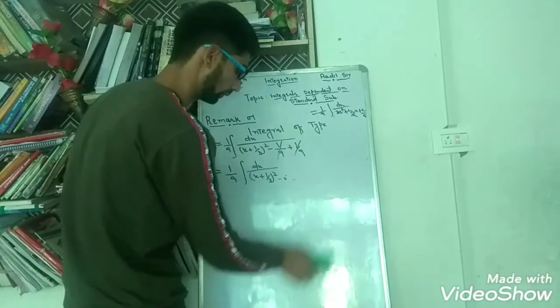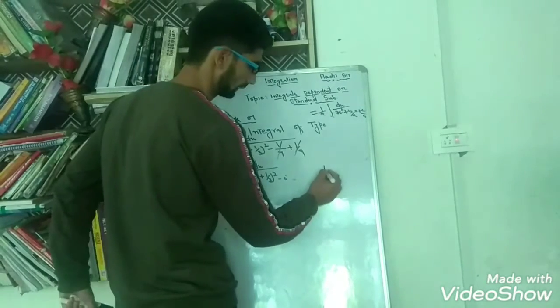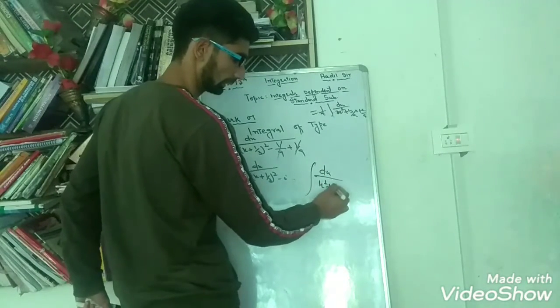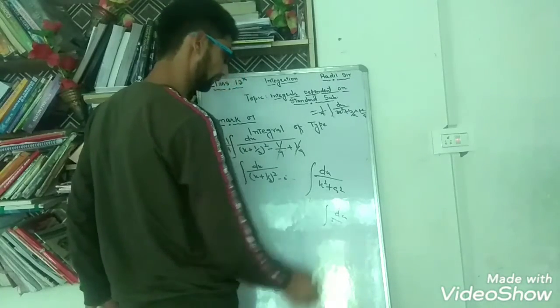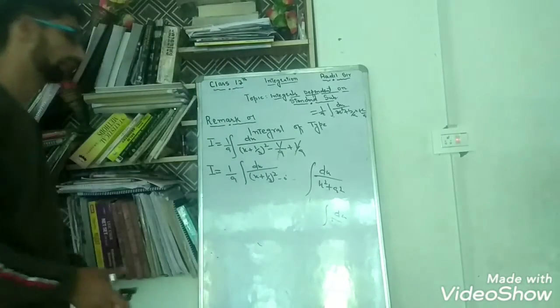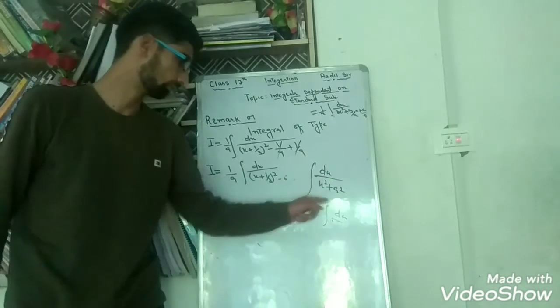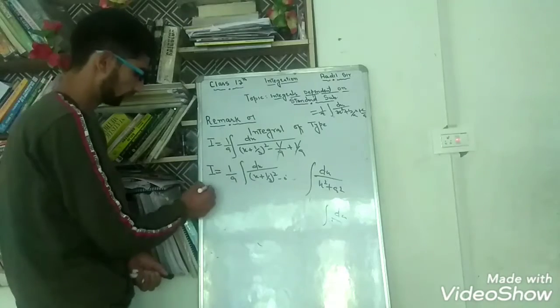Now we have to apply the formulas. These three formulas: dx divided by x squared plus a squared, or dx divided by x squared minus a squared, or dx. Here we have this a squared equal to 0, so we can apply all three formulas here.